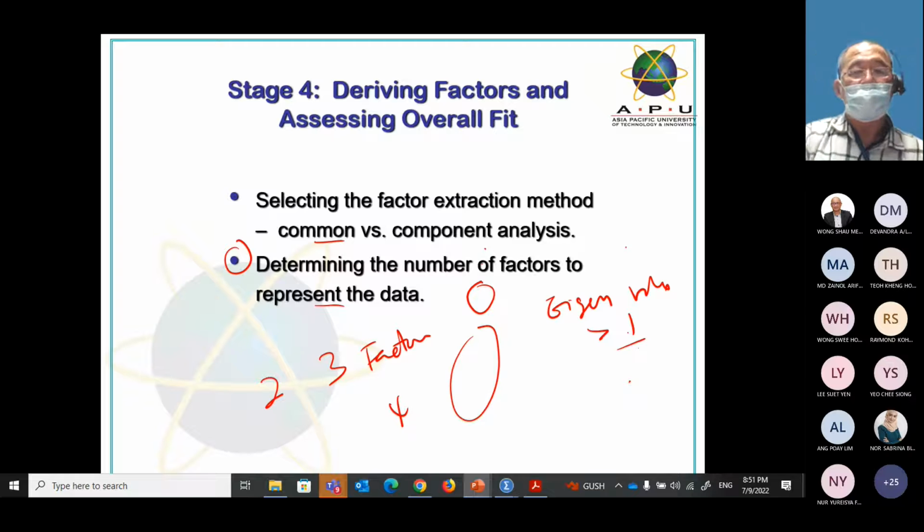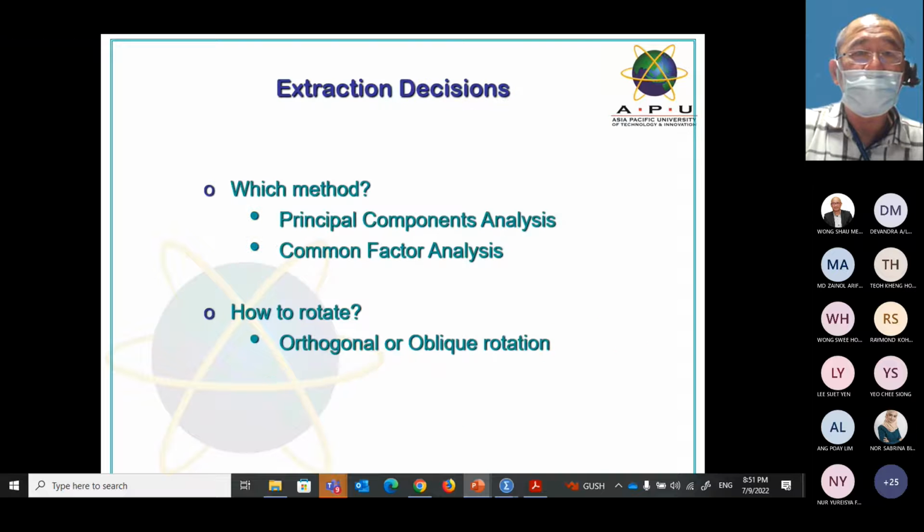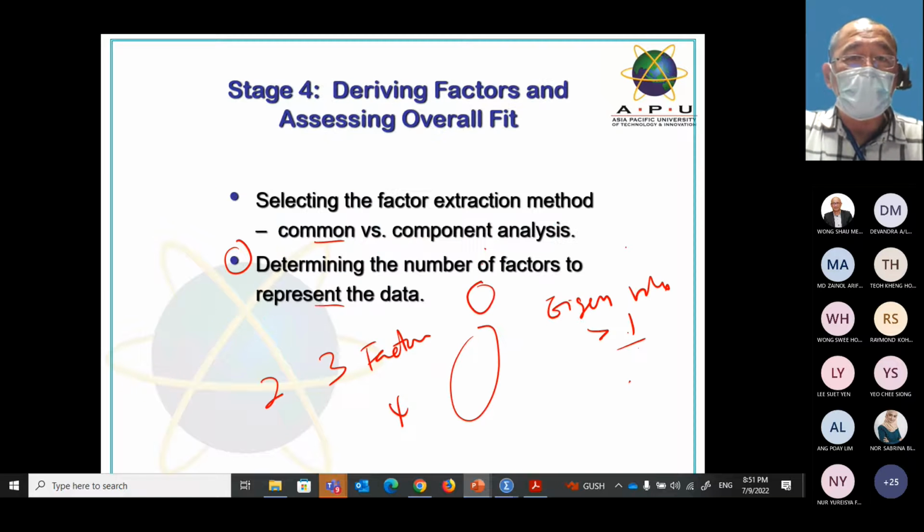You are not totally relying on data. You can make some comparison later. If no question, we see next one.